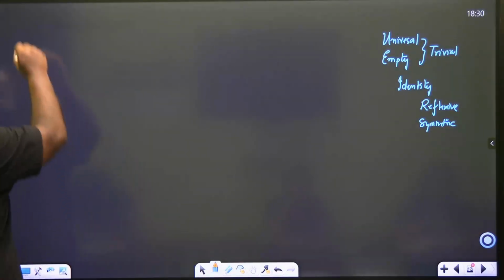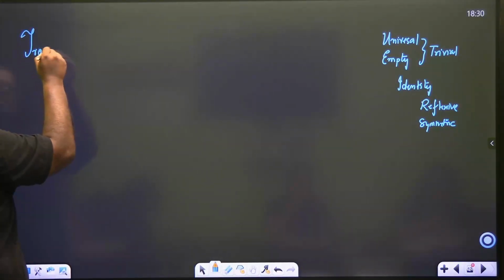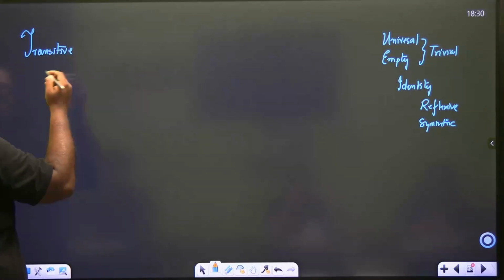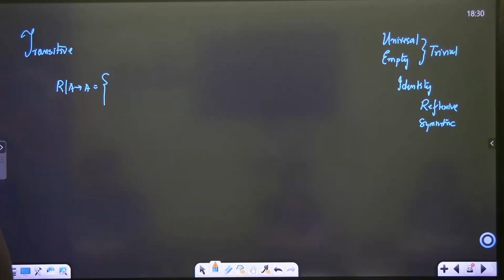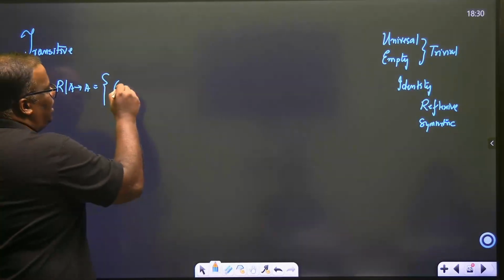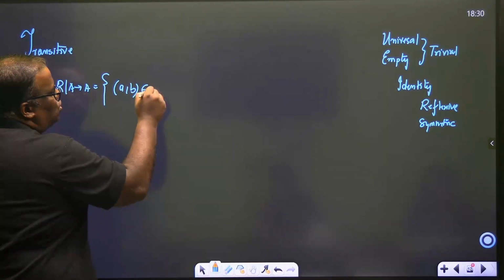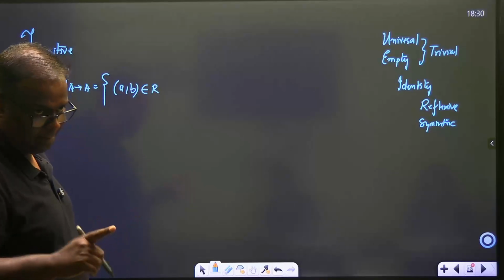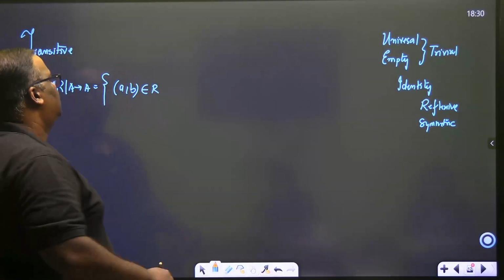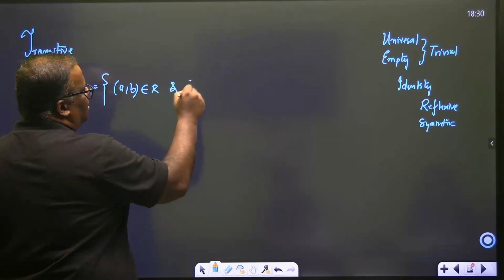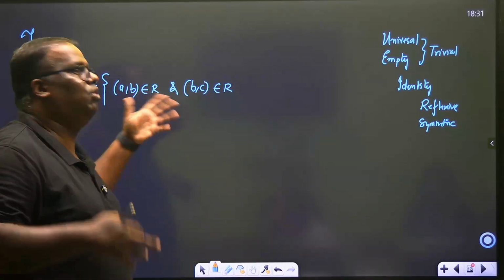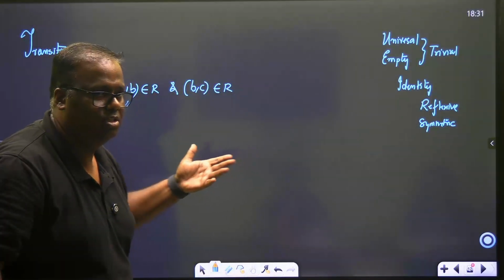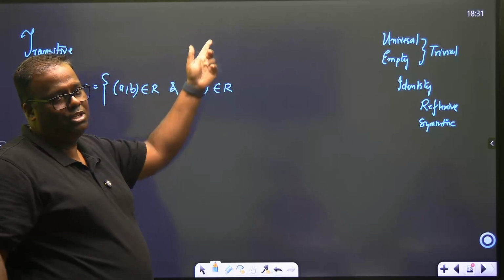Our next is transitive. I'll just give an intro and we will discuss it again in the next class. Transitive. So we have a relation R from A to A, and R is said to be transitive if (a, b) belongs to R and (b, c) also belongs to R, like the zeroth law of thermodynamics: so and so is in thermal equilibrium with this.